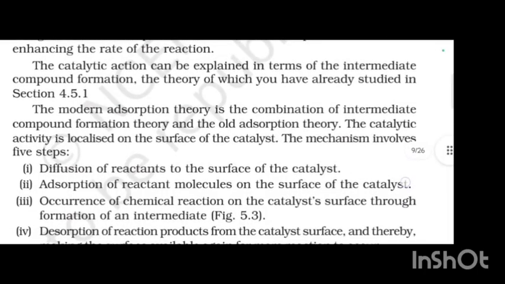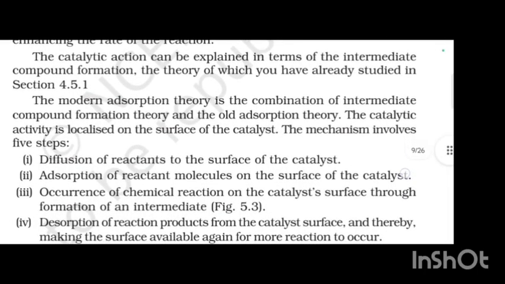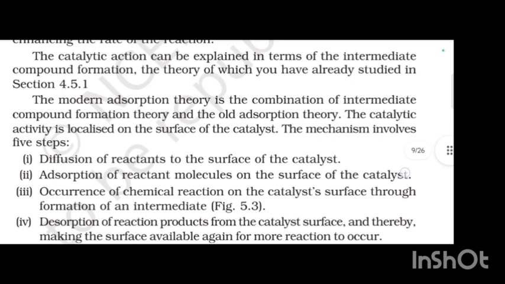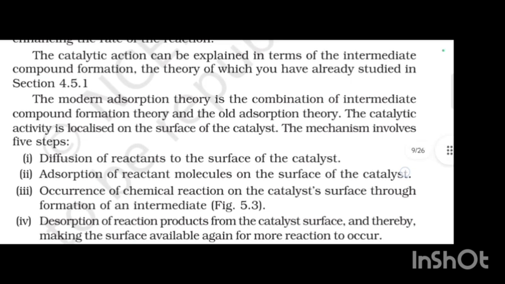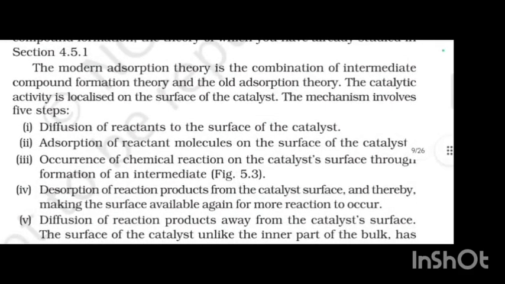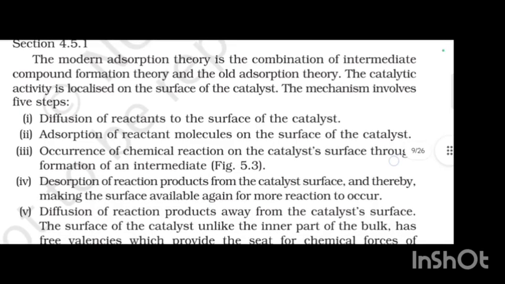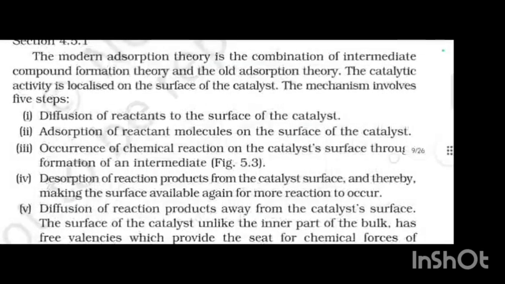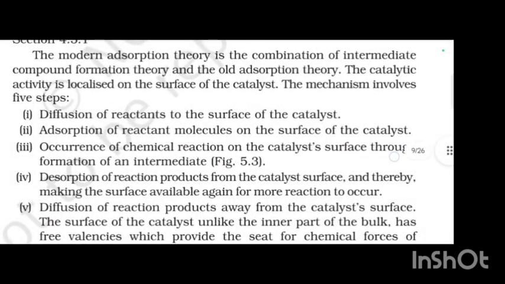The catalytic action can be explained in terms of the intermediate compound formation, the theory of which you have already studied in section 4.5.1. The modern adsorption theory is the combination of intermediate compound formation theory and the old adsorption theory.